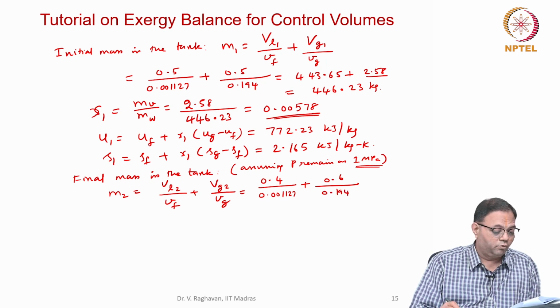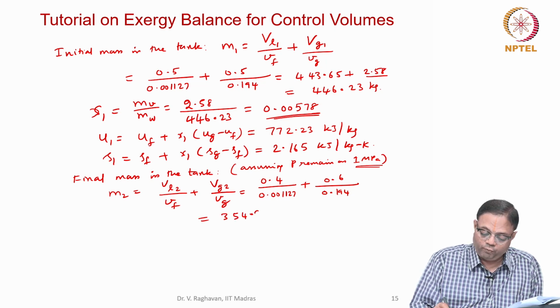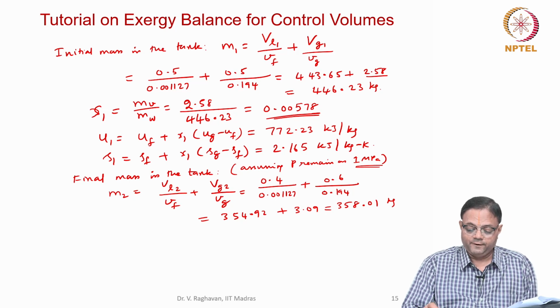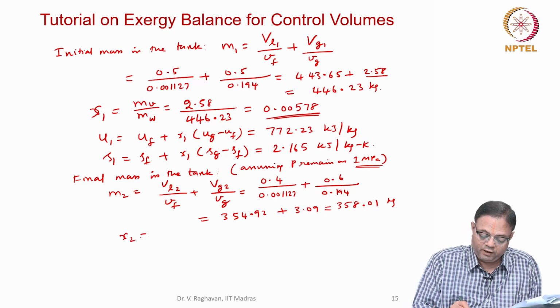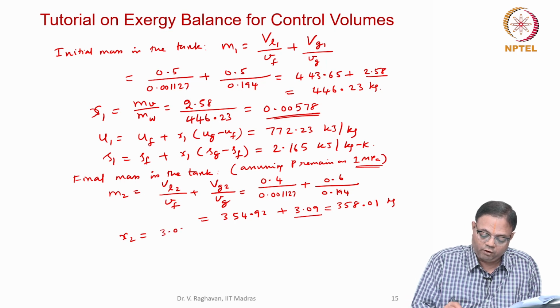So that will be equal to 354.92 plus 3.09. So that will be equal to 358.01 kg. Okay. So now what is the quality at state 2? That will be the mass of vapor, that is 3.09, divided by the total mass, that is 358.01.